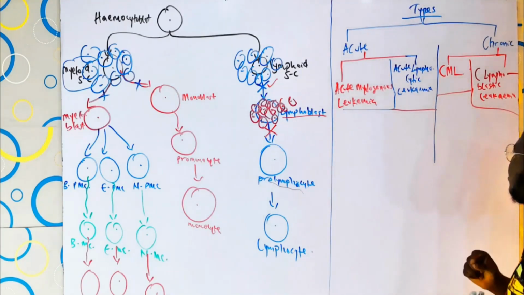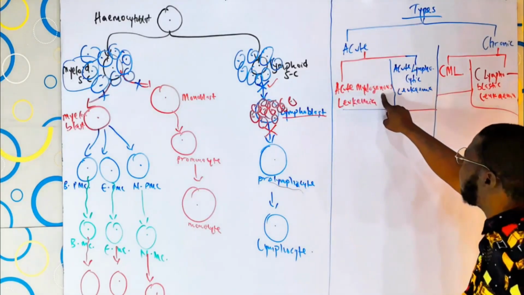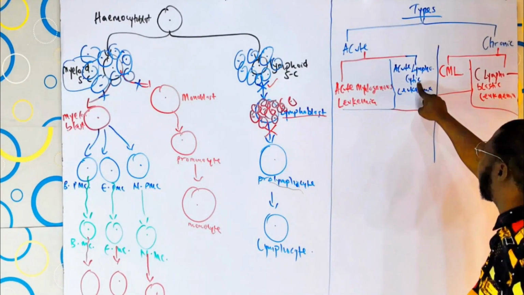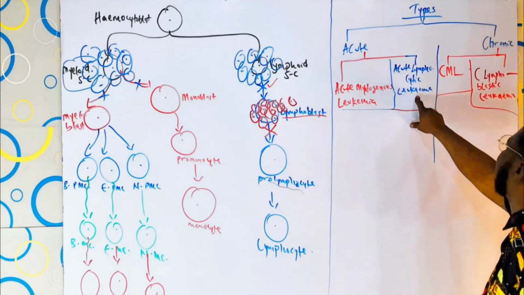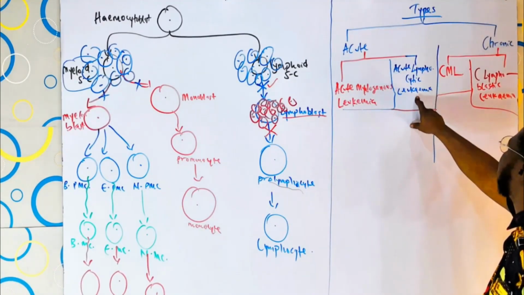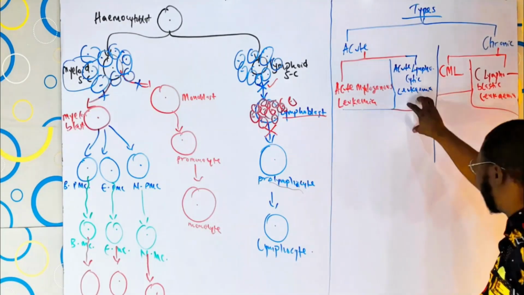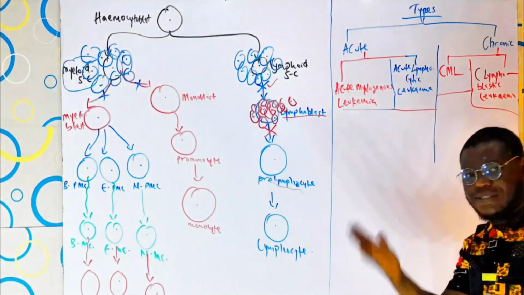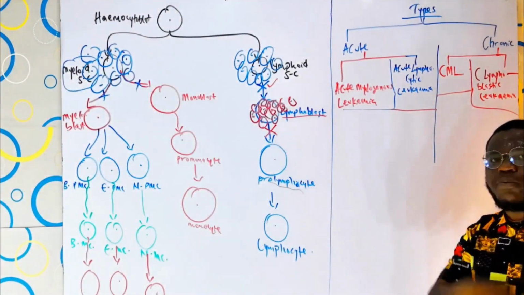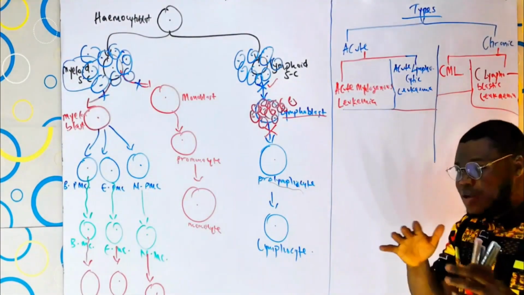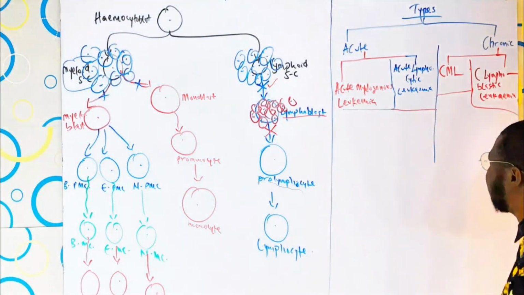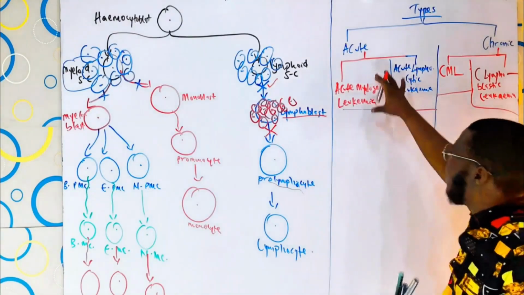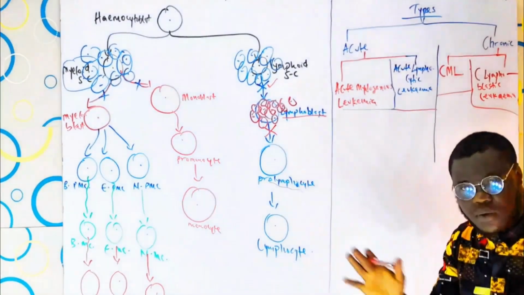So that's aside. We have acute myelogenous leukemia. We have acute lymphocytic leukemia. Excuse me, guys, this is wrong. I made a mistake right here, and I will teach you the cheat for correcting that mistake, so you don't make the same mistake. I know for sure that we have myelogenous leukemia, both acute and chronic.